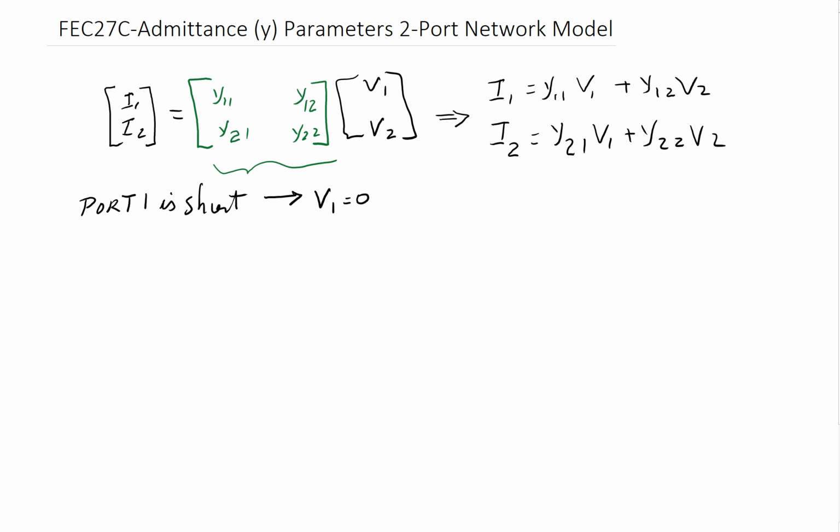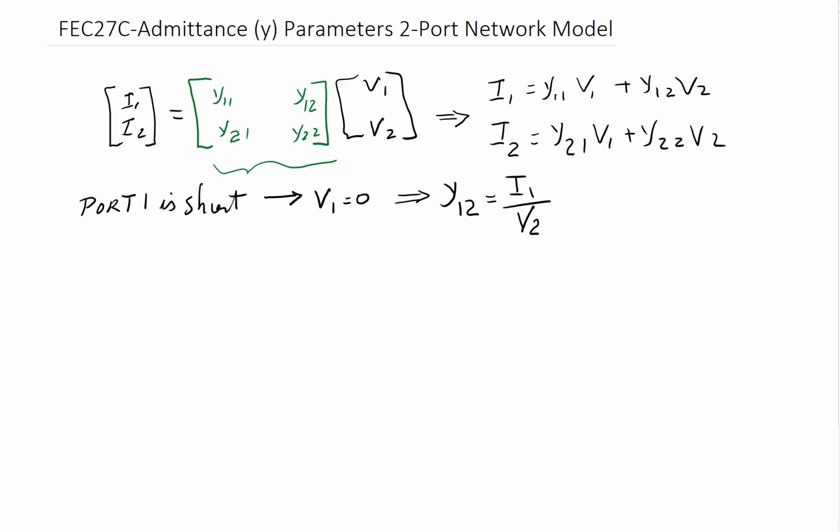If I take V1 equal to 0 in both of these equations, then I can find the parameters in terms of I1 and V2. So we can write Y12 is equal to I1 divided by V2.